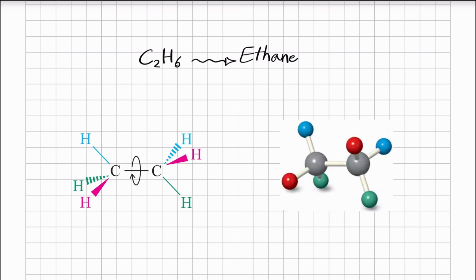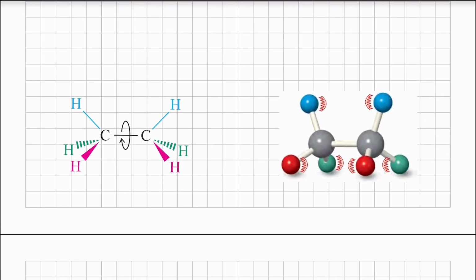geometric arrangement of ethane molecule. Let's look at this one. Now, again, we try to look from this direction. Carbon number 1 and number 2. If you look at this direction, you can see that this hydrogen connected to carbon number 1 and this one connected to carbon number 2 are exactly opposite of each other.